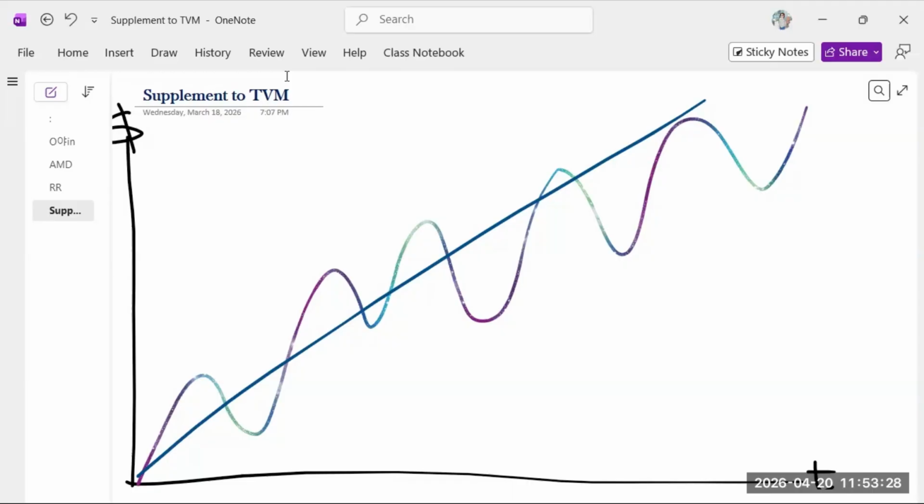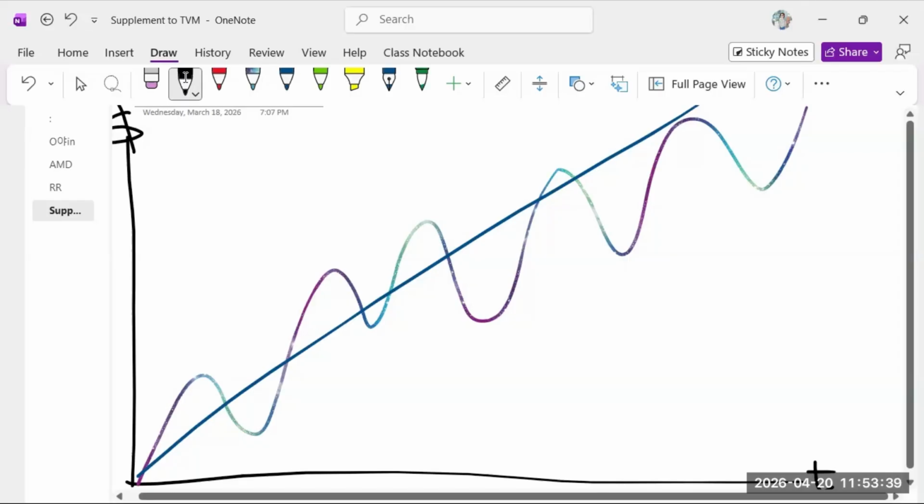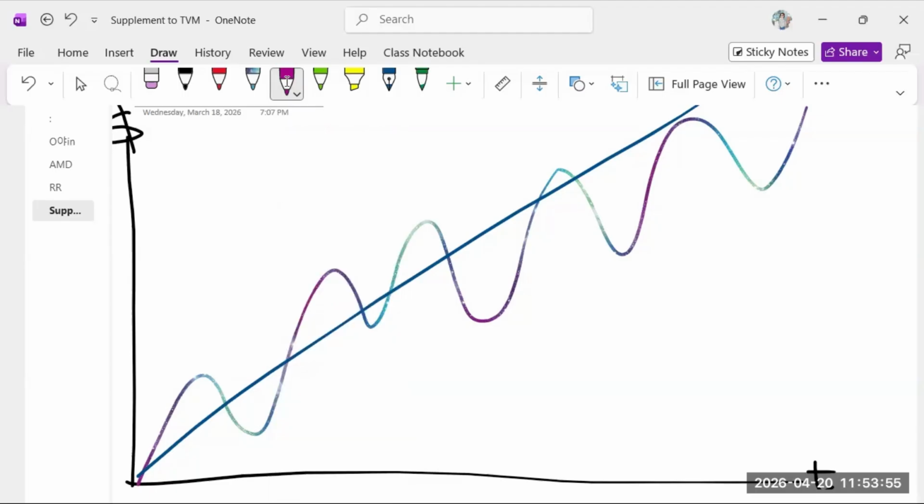However, growth can take different patterns. Let me use a color, maybe green would be the best.